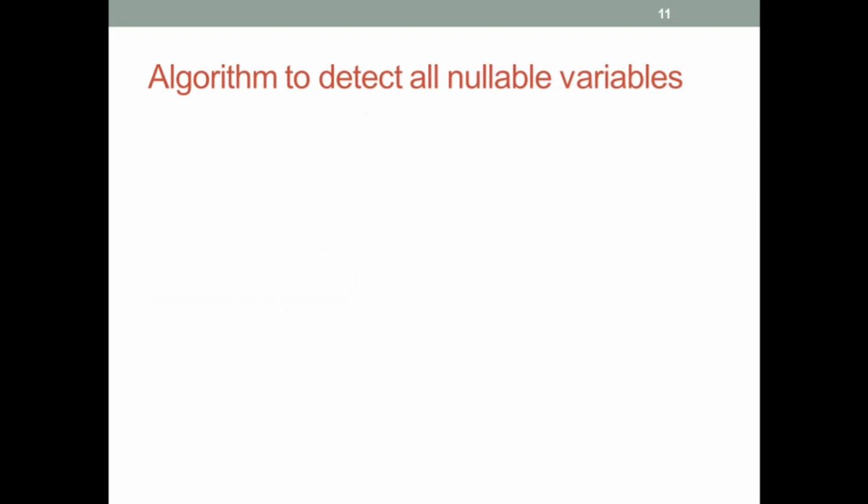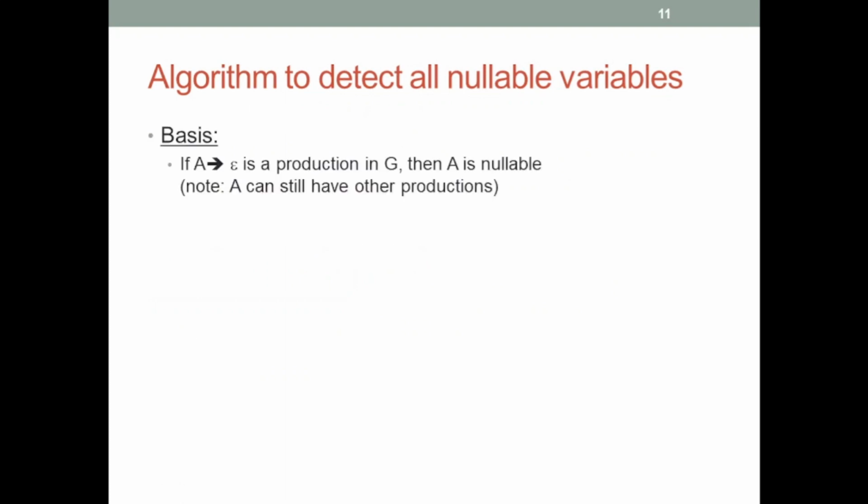Now the algorithm to detect all nullable variables. There are some steps to find out the nullable variables. If A derives to epsilon is a production in G, then A is nullable. Note that A can still have other productions.